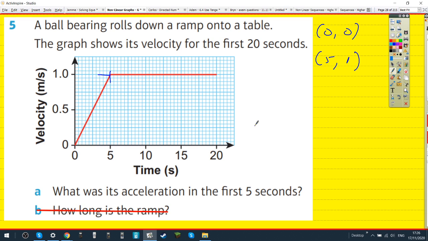What would be the gradient? The gradient would be 5. That'd be run over rise. Rise over run.